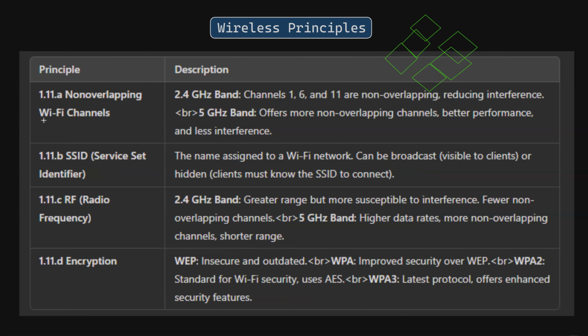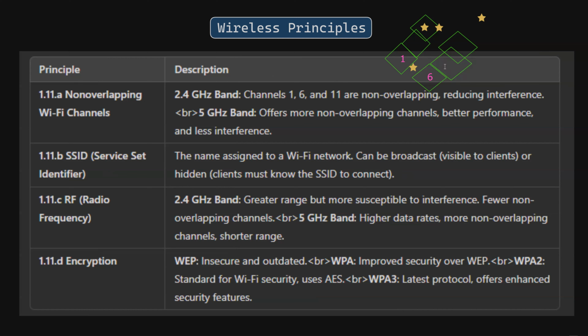Suppose this star is a workstation: if the workstation is here, his signal is weak. If he is here, his signal is very strong. There may be chances of a void in the channel. Suppose I have channels 1 and 6, and in between them we don't have any interference or overlapping, then signal strength will be weak or not good.